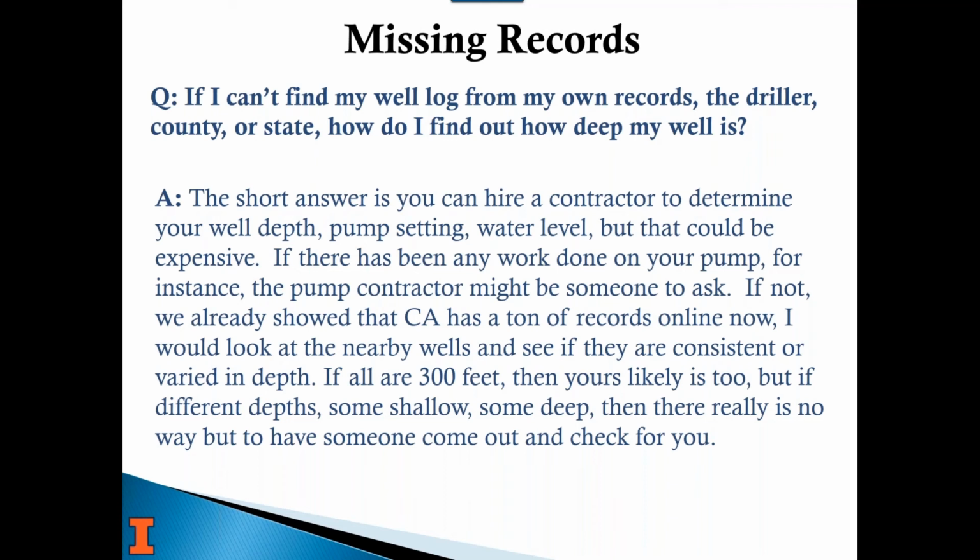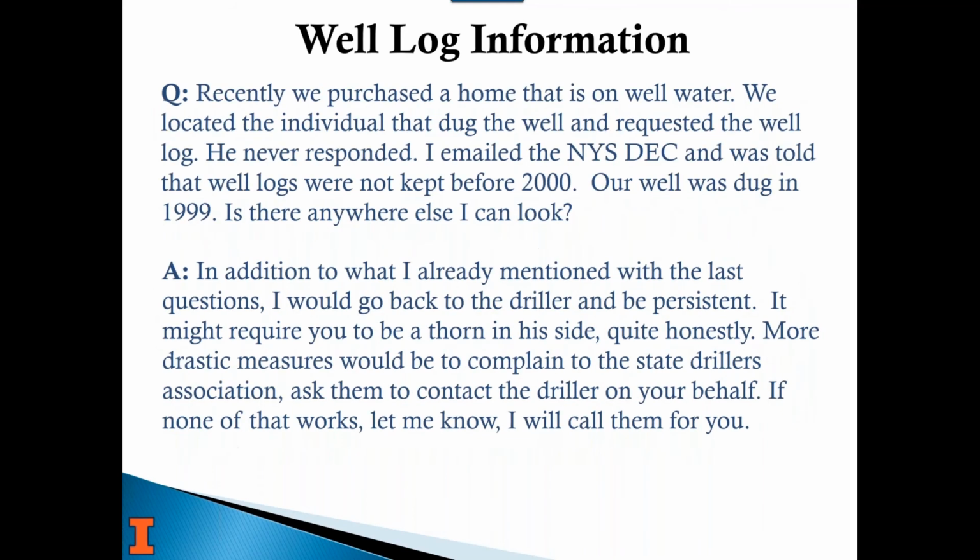You may have 2 or 3 aquifers, but most of the time they're going to use the shallowest one because you don't want to pay more than you have to for drilling that well, and it's usually per foot cost. And if there's plenty of water at 300 feet, that's where yours is going to be too in most cases. The other thing you can do is use that information on those records to get a list of names of drillers that are drilling in your area that you can contact and see if someone might have some information.